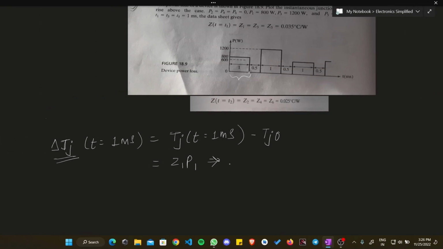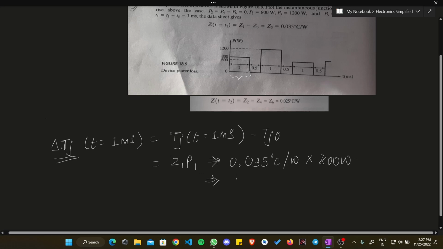The value of Z1 is given to us as 0.035 degrees Celsius per watt multiplied by power P1. Power P1 means the power for the first pulse, which is given to us as 800 watt. So multiplied by 800 watt, we will get 28 degrees Celsius.